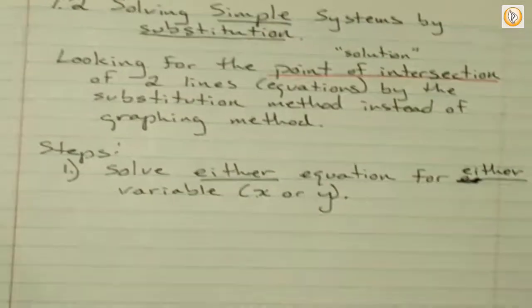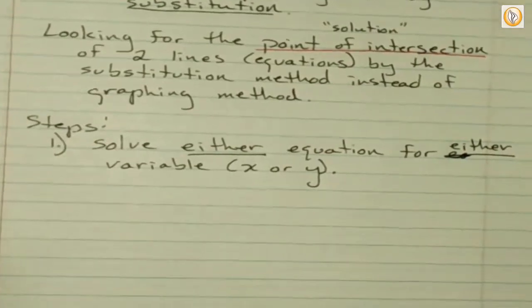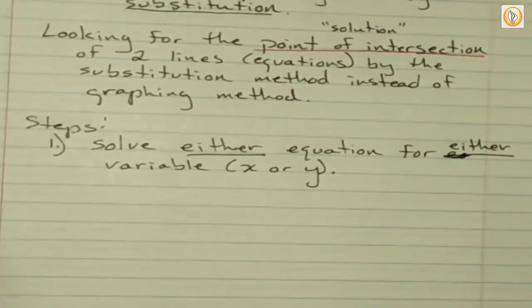So you're going to solve one of the two equations for either x or y, like x equals everything or y equals everything. And you get to choose. When we start doing examples, I'll show you why I choose what I choose. You want to do the easiest one.